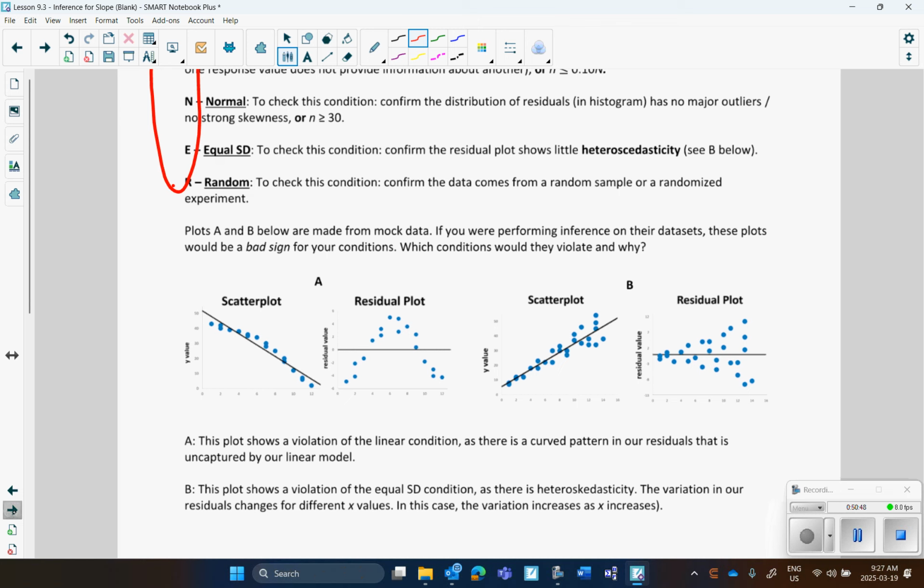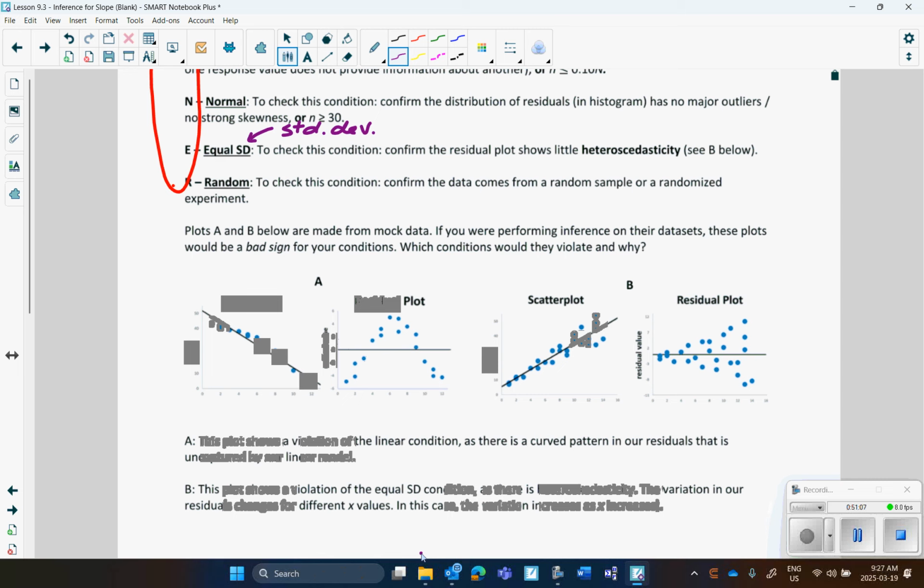Okay, this one's new. And this involves the funkiest word in statistics, if you can pronounce it. Equal standard deviation. Hopefully you know that means standard deviation. We have to check the residual plot again to see if it shows heteroscedasticity. And what is heteroscedasticity? Well, you can see it down here.